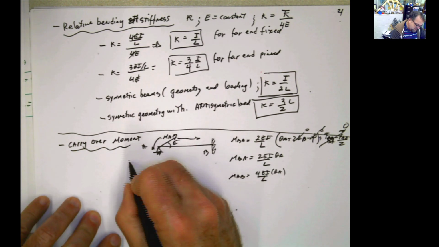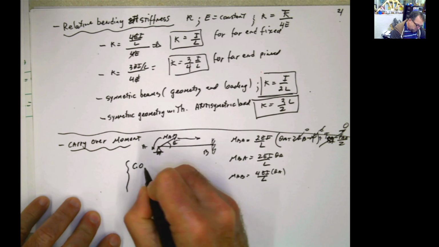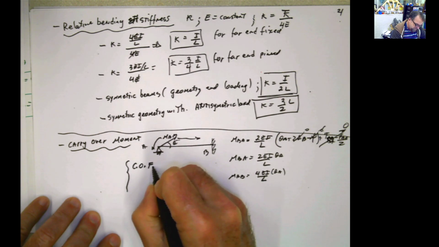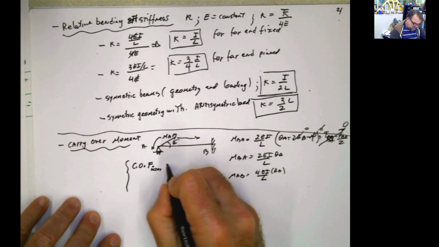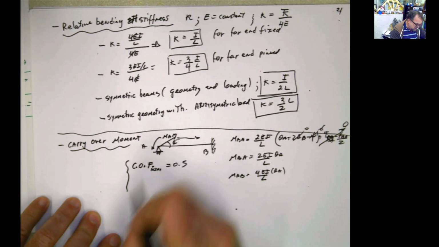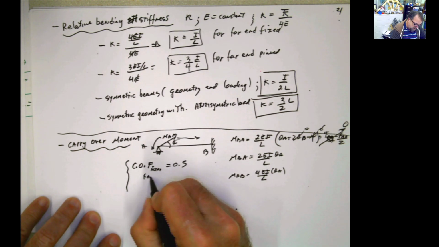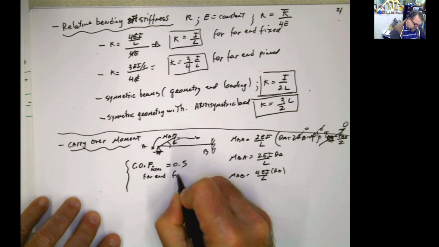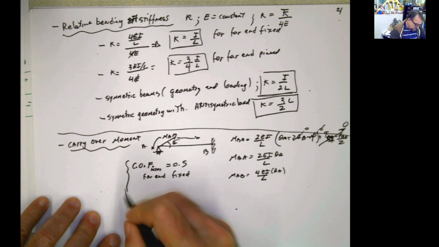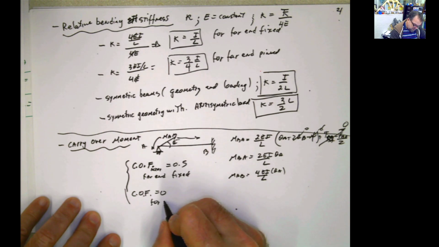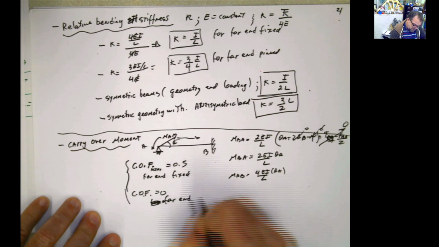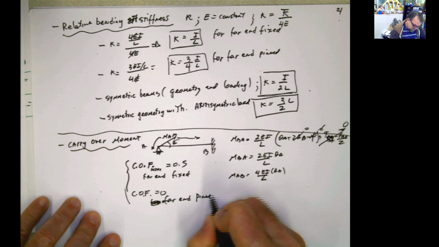So basically the carryover factor is going to be 0.5 if the far end is fixed, but the carryover factor is going to be 0 for a far end pin, because there's nothing.